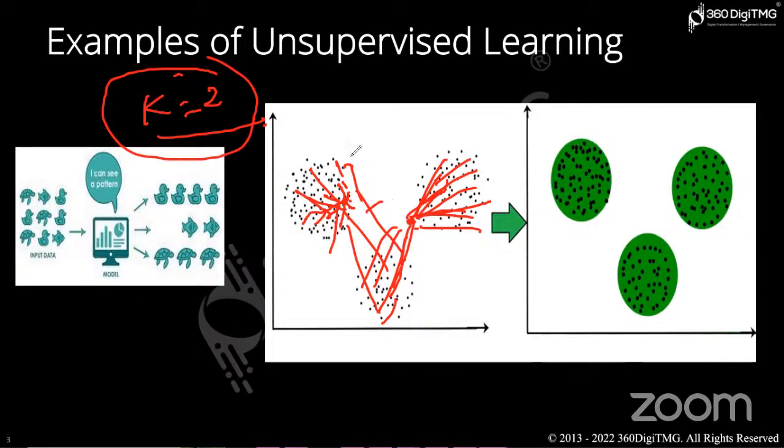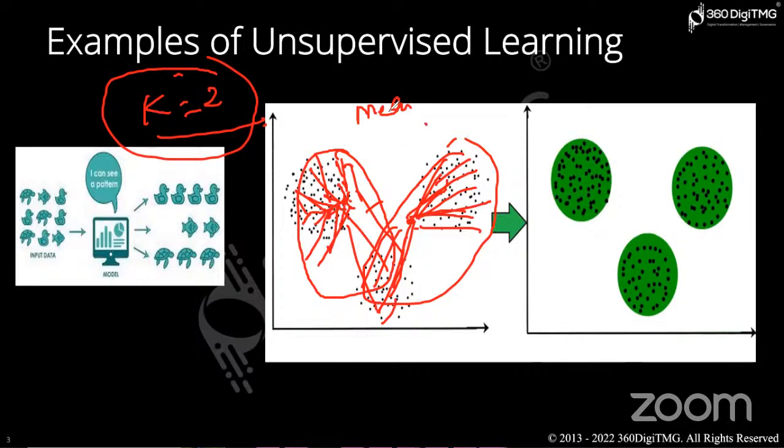It will form a cluster, something like this. Based on the average of all these points, or you can say the mean, the centroid will change. Let's say the mean of all these points in the cluster is here.